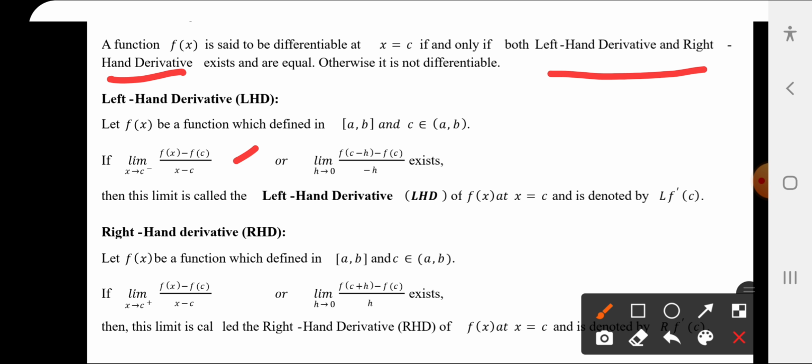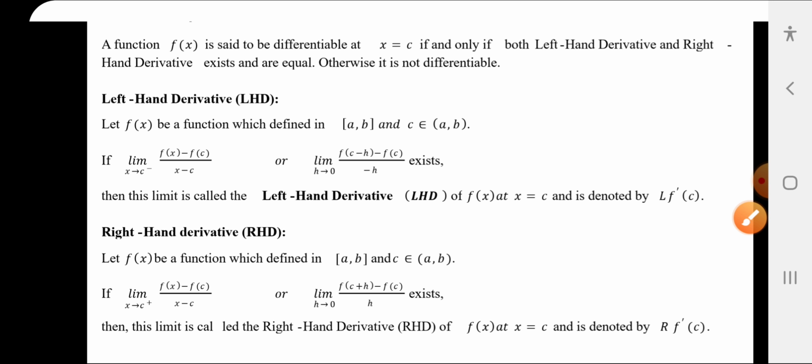And similarly, the right hand derivative is the limit as x tends to c plus of f of x minus f of c divided by x minus c, if it exists. Left hand derivative is denoted by L f dash of c. Right hand derivative is denoted by R f dash of c.